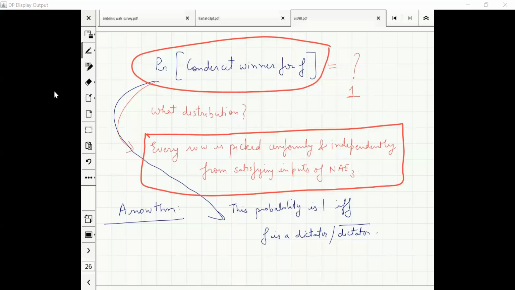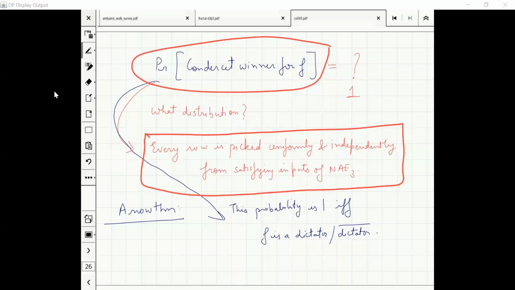If we fix a specific number of rows, n rows, we have to pick n rows out of all satisfying input rows. Think of them as valid satisfying inputs of NAE. So I'm picking n rows.